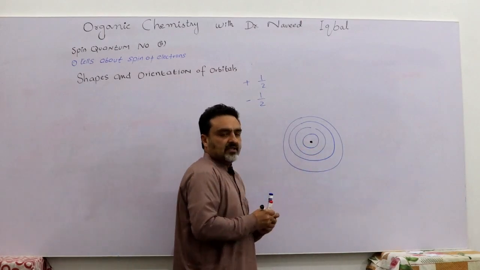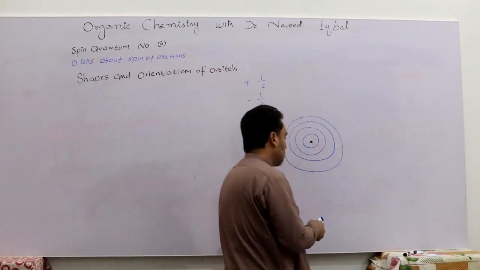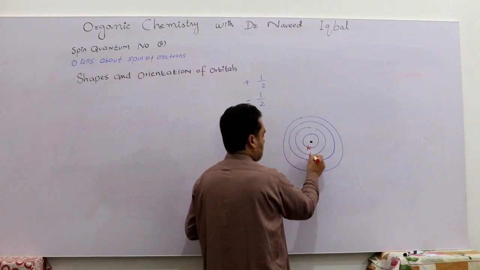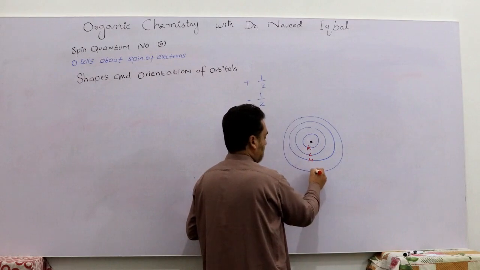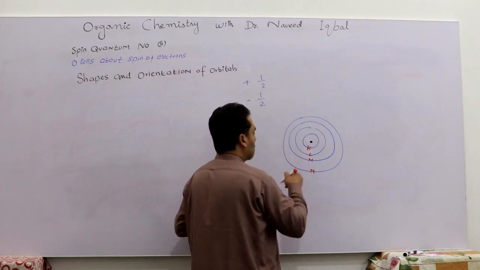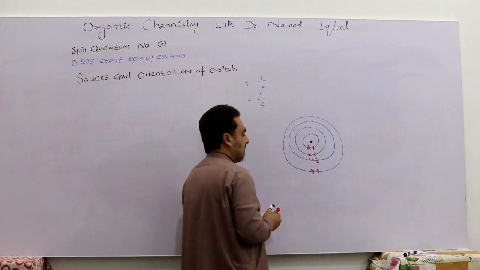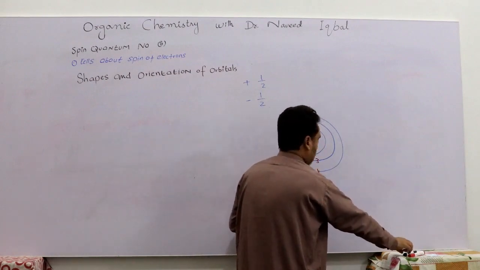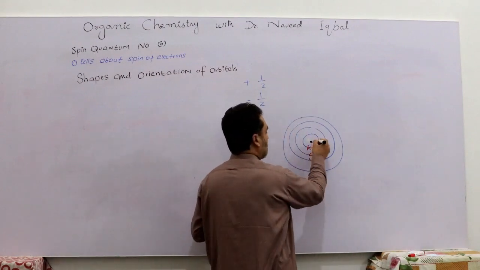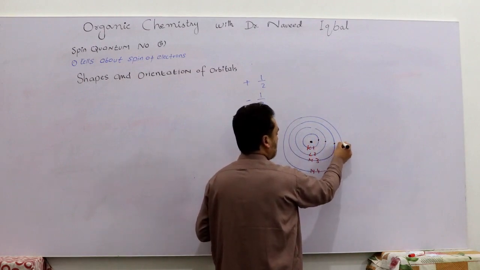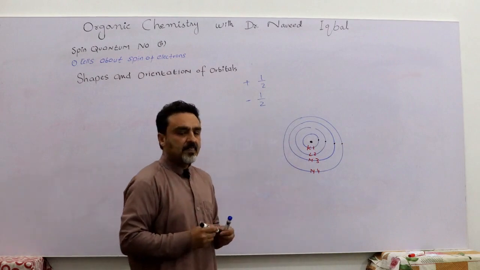This is a tentative or old model of an atom. This is the K shell, this is the L shell, this is the M shell, and this is the N shell, or 1, 2, 3, 4. And let me draw some electrons. Suppose this is one electron, this is another electron, this is another electron, and this is another electron.